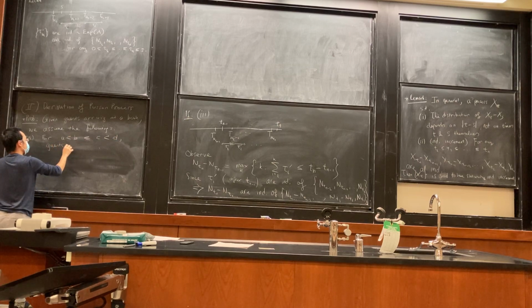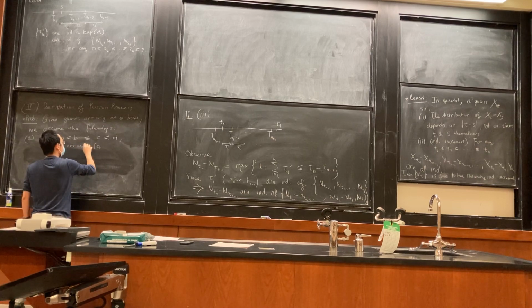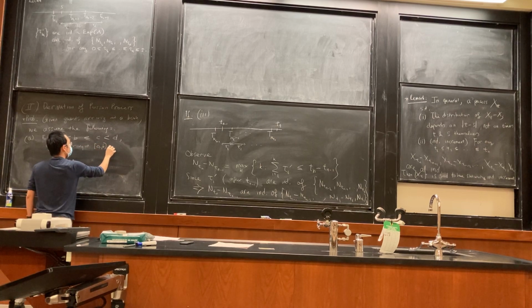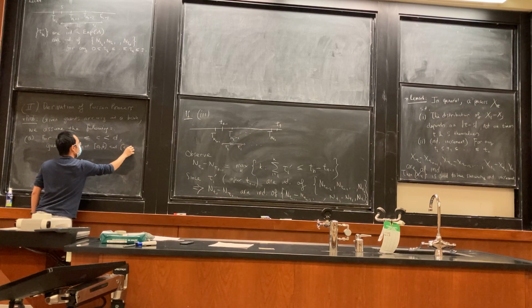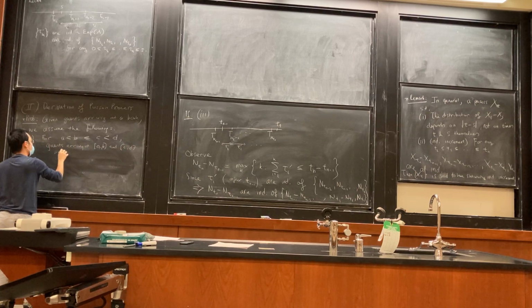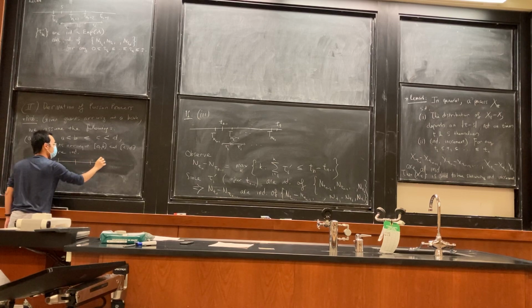Guests arriving in the intervals (a,b) and (c,d) are independent. So sketch it out here, a, b, c, d.